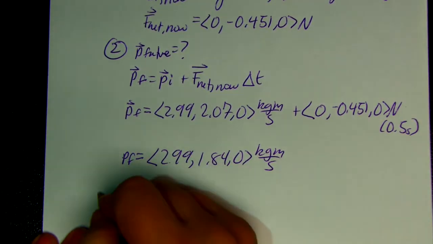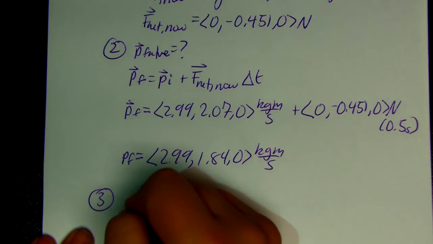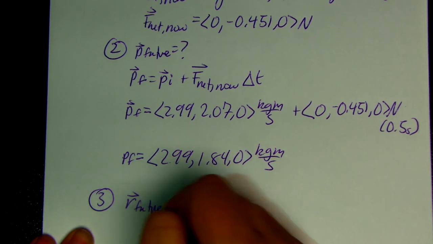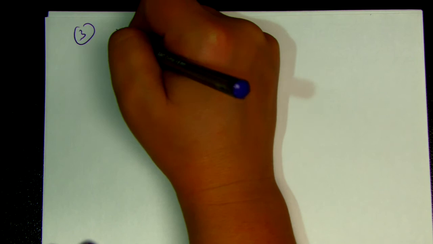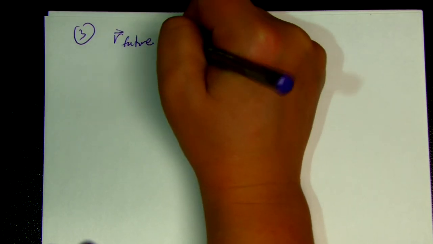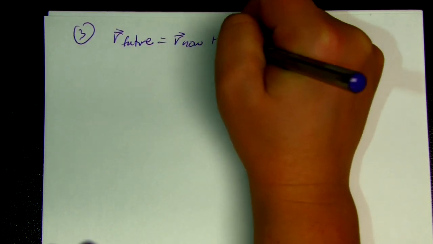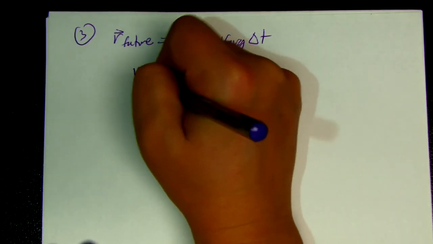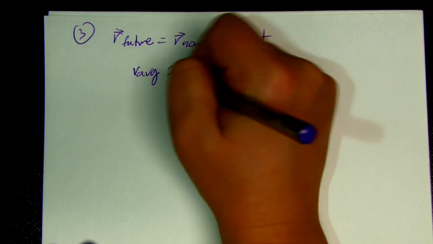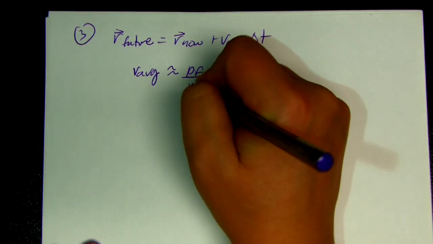So next up, for step 3, our future position is what we're after. So r future is equal to r now plus V average delta T. And remember, for V average, we're going to use the approximation that it's approximately the final momentum divided by mass.